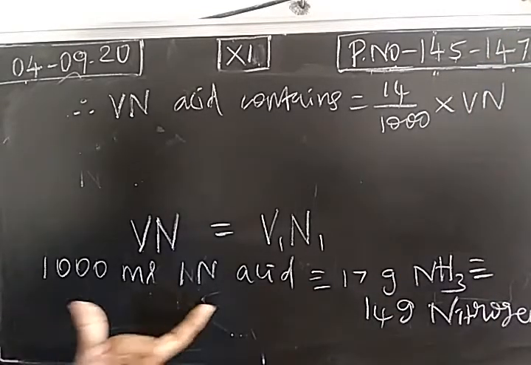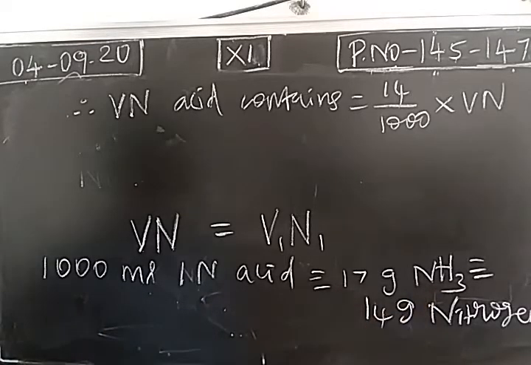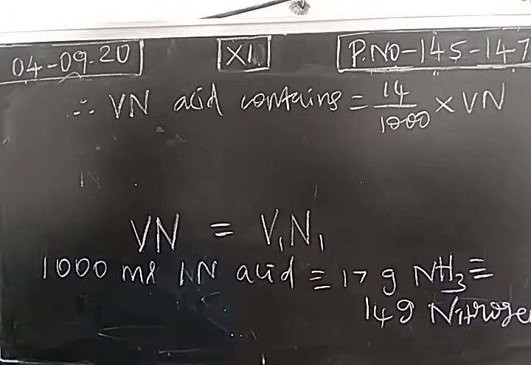Because 1 liter of 1 normal acid is equal to 1 mole ammonia. That means 17 gram ammonia, which contains 14 gram nitrogen. So that 14 divided by 1000. So VN, amount of acid contains this much ammonia. That means this much nitrogen. Okay, here 17 means ammonia. This much nitrogen.